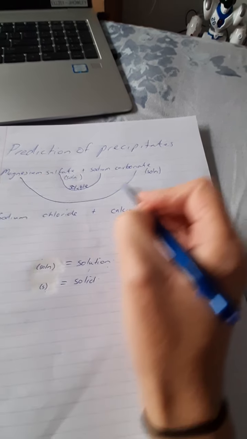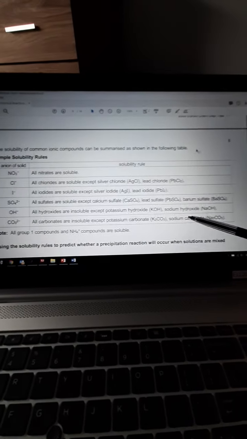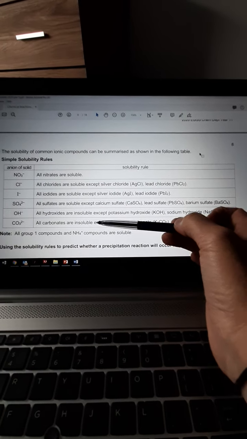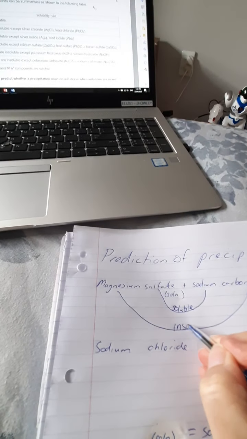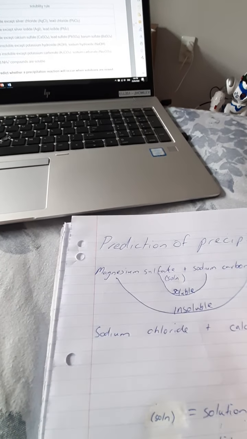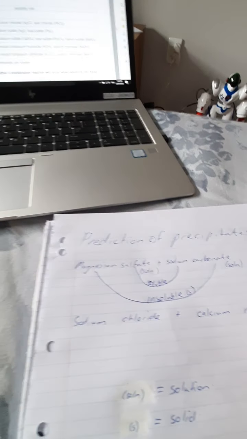Let's check magnesium carbonate. If we have a look here, magnesium carbonate is insoluble, which would be our solid.